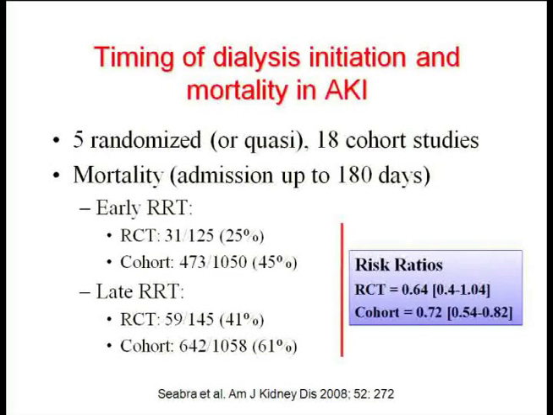So in the randomized clinical trials, and these were very small, typically old clinical trials, there was a trend in reduced risk, but since the confidence interval crosses unity, it did not reach statistical significance. In the cohort studies, that decrease did reach statistical significance.